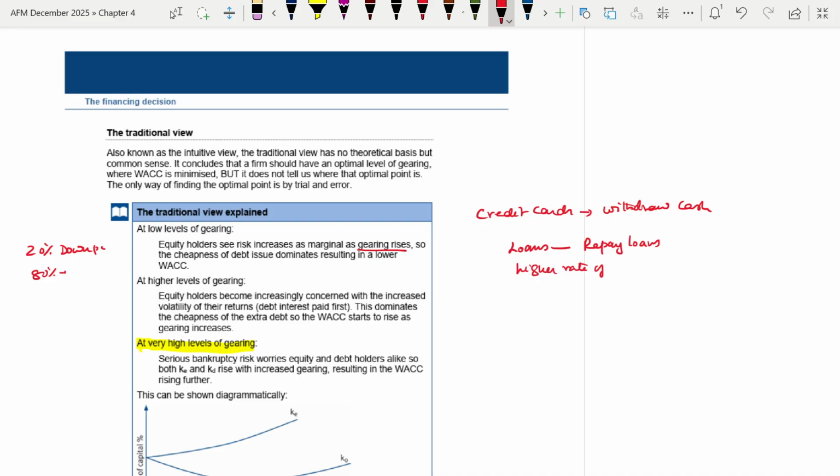At higher levels of gearing, equity shall become increasingly concerned with the increase in the returns. Debt interest is paid first. The moment you are increasing gearing, that is the reason we should assess.